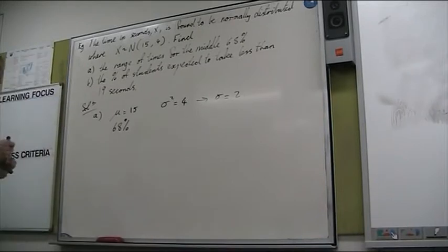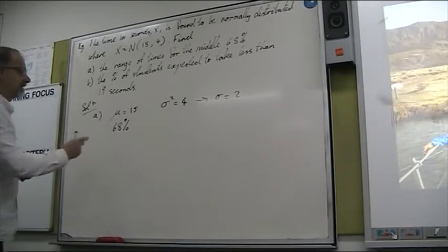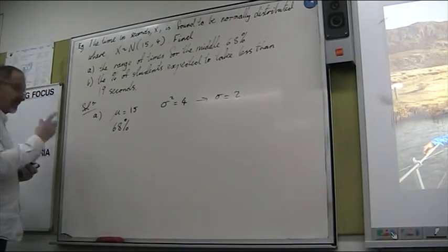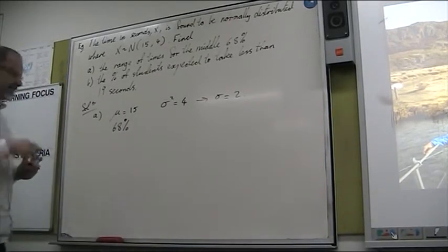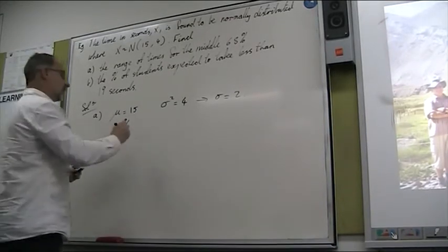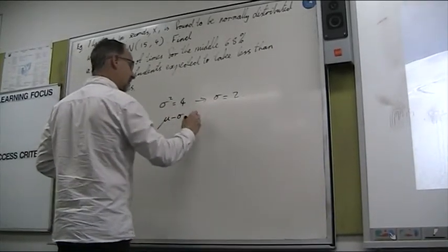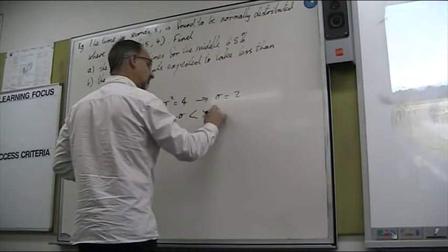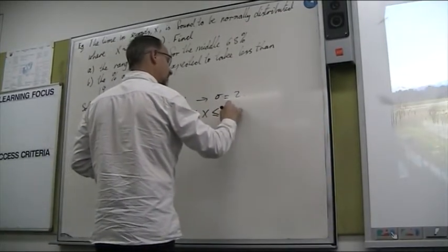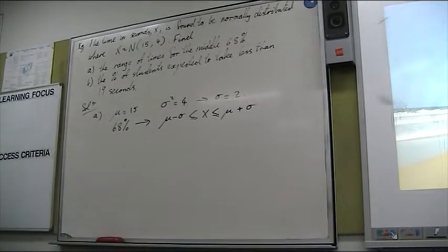It's 68% because we know our 68, 95, 99.7 rule. Those numbers 68, 95, 99.7, they need to trigger something. What that means is it's somewhere between one standard deviation below and one standard deviation above the range of times.